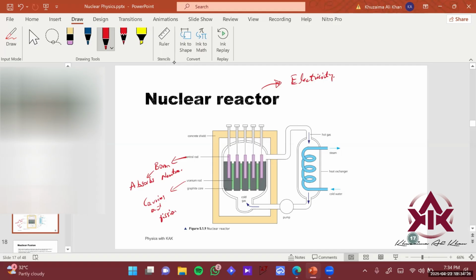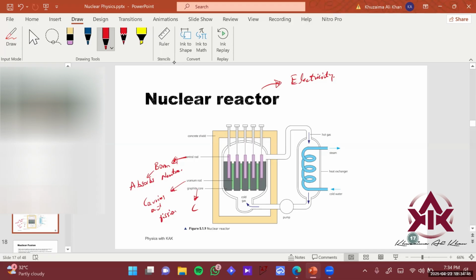And this is a graphite core. It is made up of carbon. It is a strong material that creates a very rigid structure over here.